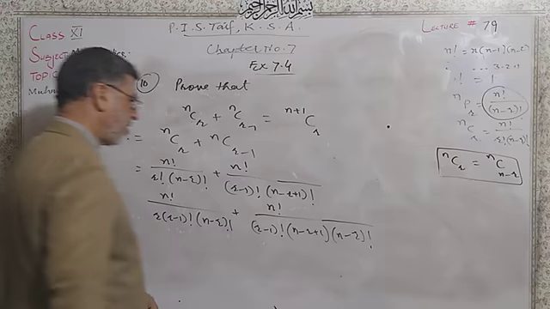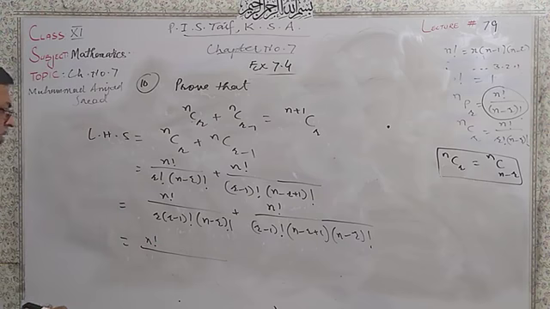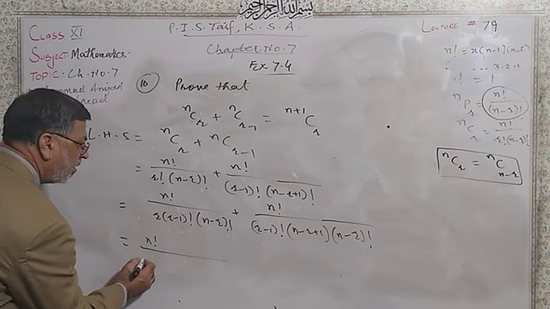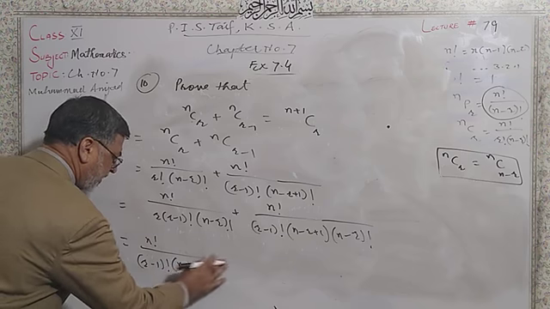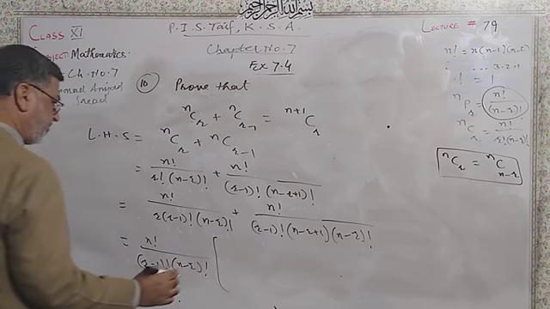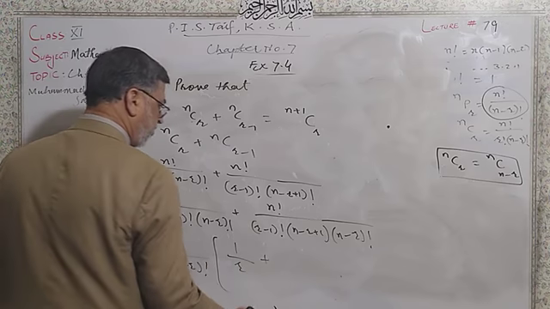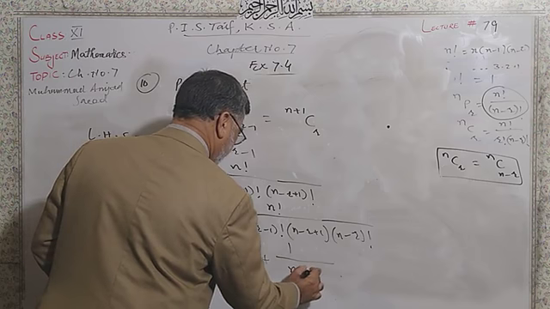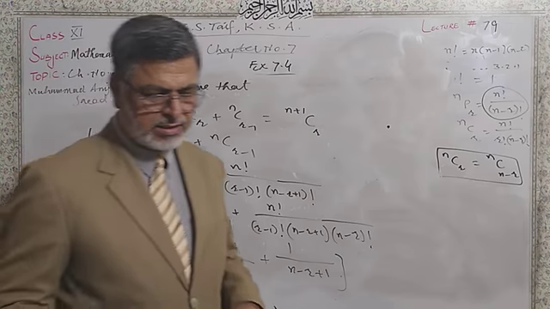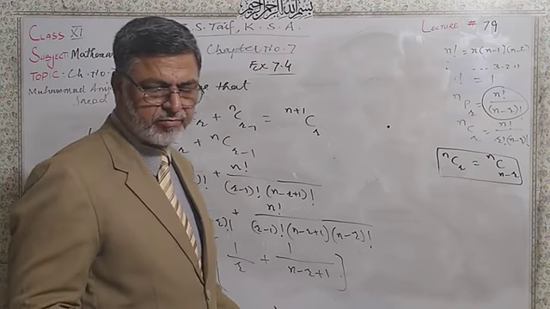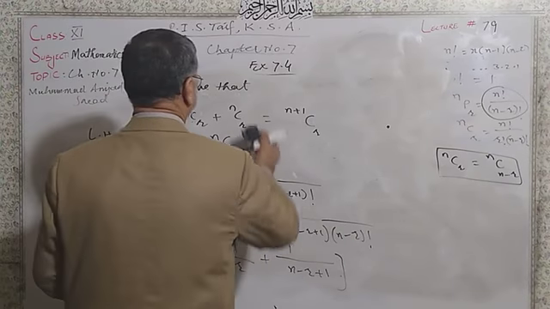Dear students, we can take n factorial common over r minus 1 factorial, n minus r factorial, into 1 over r plus 1 over n minus r plus 1. So dear students, after that we can take the LCM.